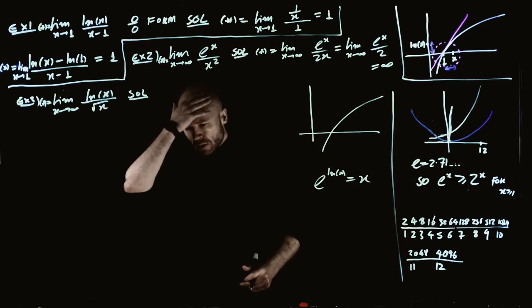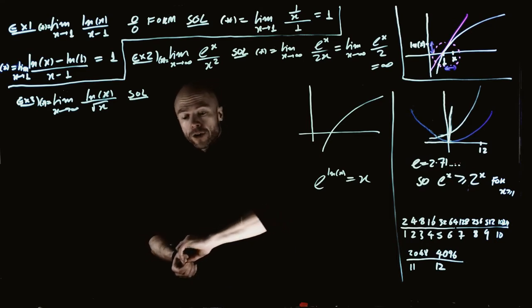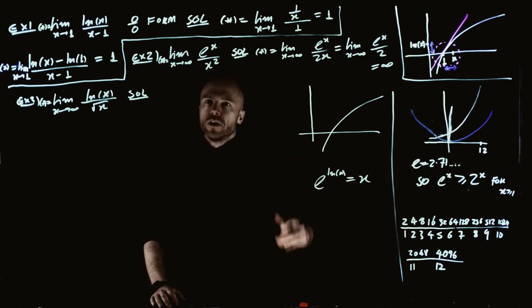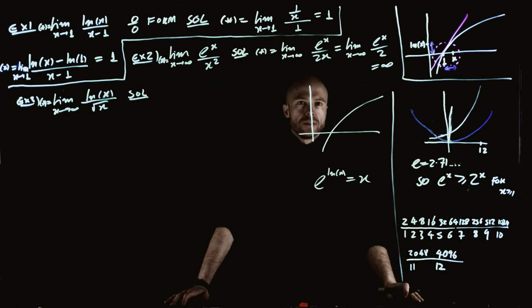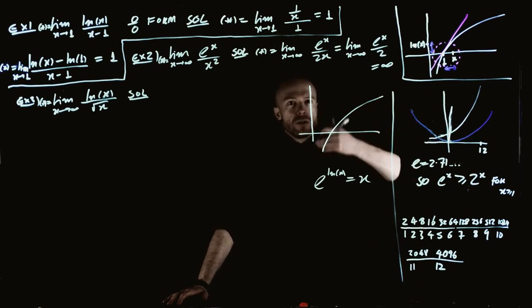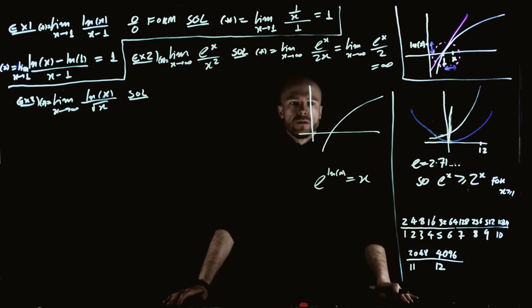Which means that log of x is growing incredibly slowly in order to achieve that. In fact, it's the slowest growing function that we have in elementary math. So log is going to be more slowly growing than any other thing you can naturally come up with because it's unwrapping the fastest growing thing that we have.